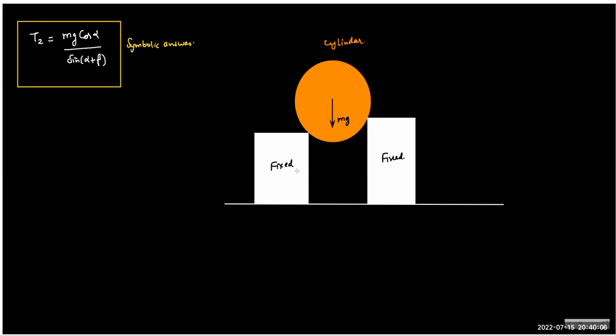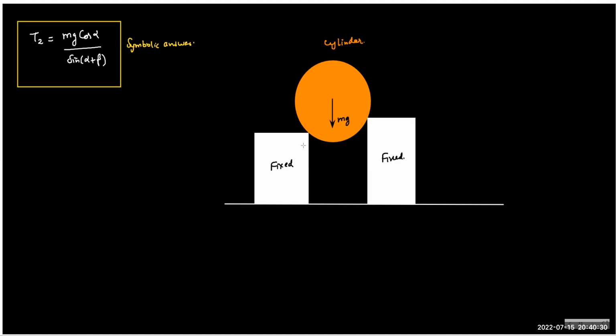Some force will act that we can realize, yes or no? Yes. So the cylinder at the corner will experience some force. Can you guess the nature of the force? Is it push or pull for the cylinder? The cylinder will feel some pressing force or some pulling force. Pressing force. Correct.